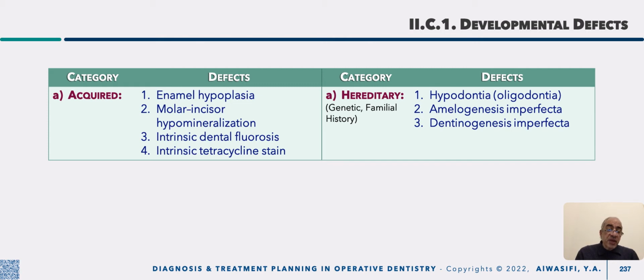Acquired defects may be in the form of enamel hypoplasia, molar incisor hypomineralization, intrinsic dental fluorosis, and intrinsic tetracycline stain. Hereditary defects may be in the form of congenital malformations or genetic patterns with familial history, manifested as hypodontia or oligodontia, amelogenesis imperfecta, and dentinogenesis imperfecta.